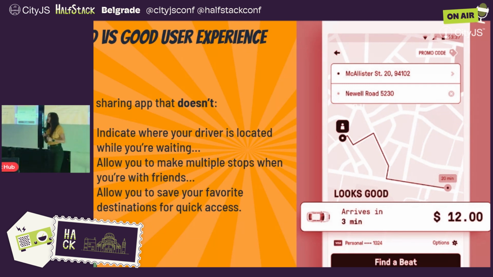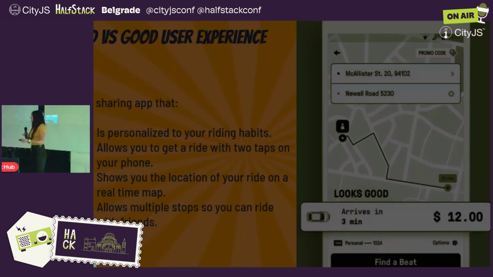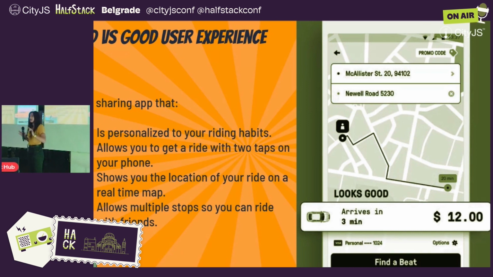Would you prefer a ride-sharing app, like Uber, that doesn't let you save your favorite destinations, or pick up your friends from the road, or makes you click a lot of buttons, or would you prefer another ride-sharing app with a very similar UI, but this time you can pay however you want, save your favorite destinations, pick up your friends, do whatever you want, and it's super easy and works everywhere?